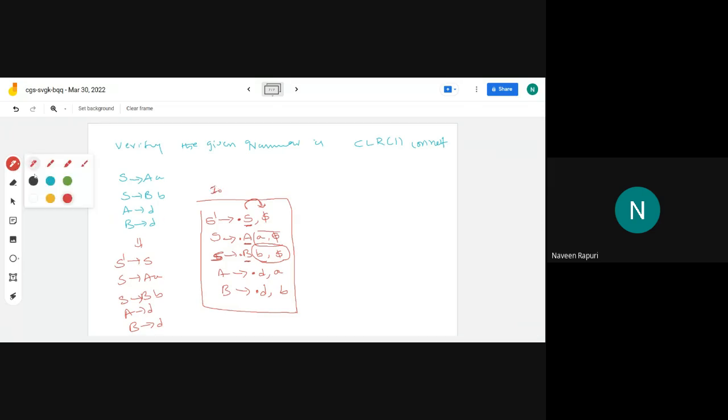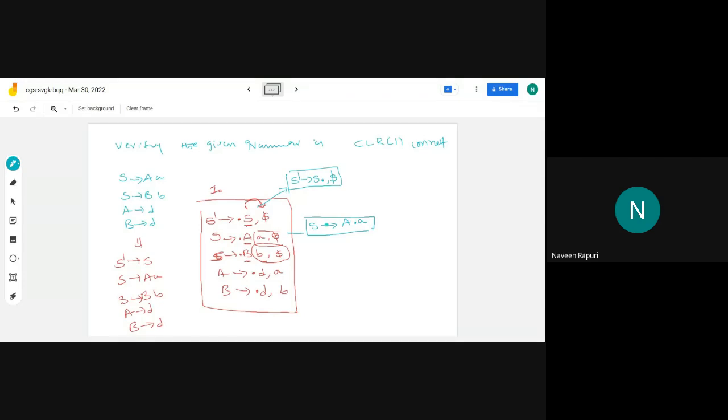Okay. Next, S dash derives S dot, comma dollar. It's finished. Suppose we take this one: S derives A dot small a.